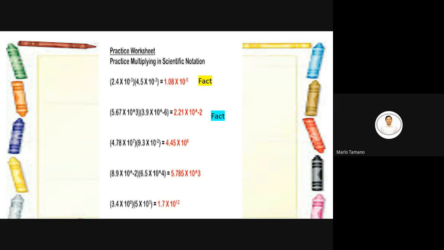Practice on how to multiply manually. Then after multiplying, check your answer using your calculator, just to verify if it is correct. Naintindihan? So dapat po ganun ang mga paraan ninyo. Okay po?